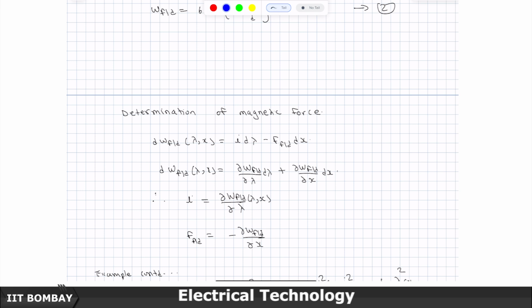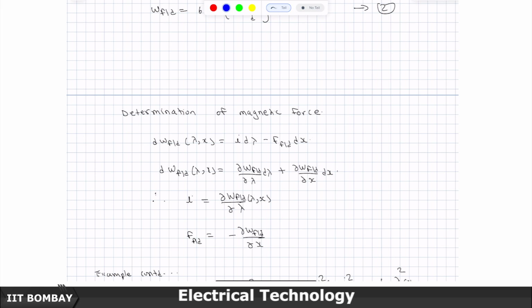So, lambda and x being two independent variables, I will take the partial derivative: dW_FLD can be written as the partial derivative of the field energy with respect to lambda times d lambda, plus the partial derivative of the field energy with respect to x times dx.